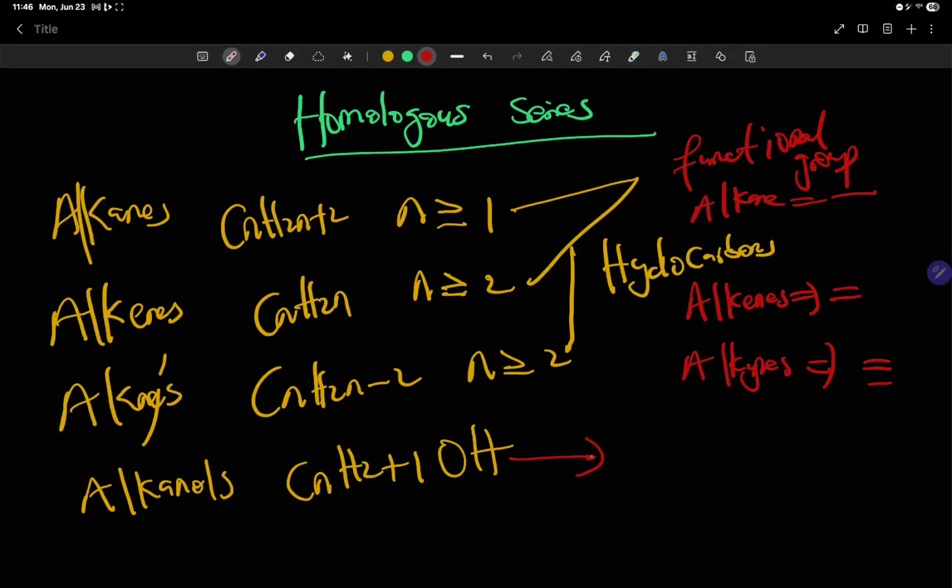Then we have alkanols. Their functional group is basically that OH attached here. OH is a sign that you are dealing with an organic compound known as alcohol. So this is their functional group.